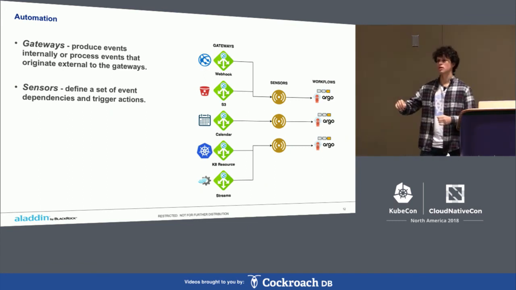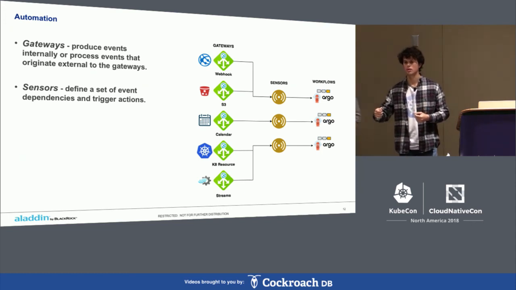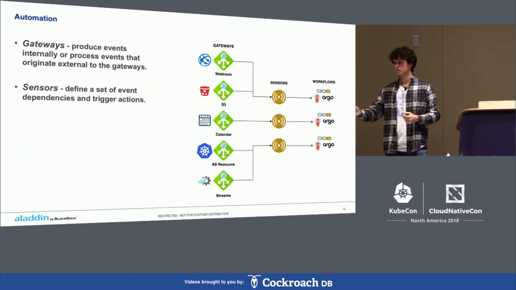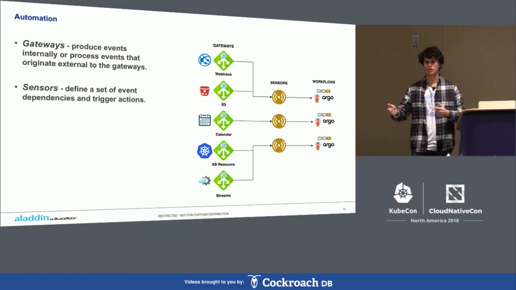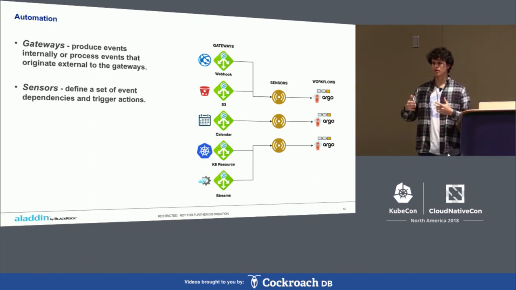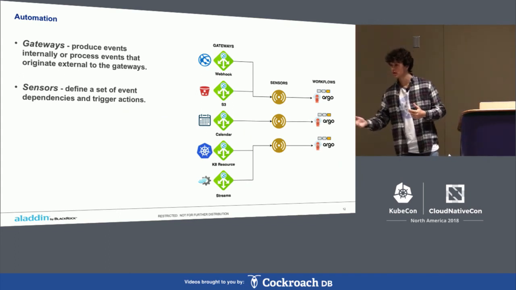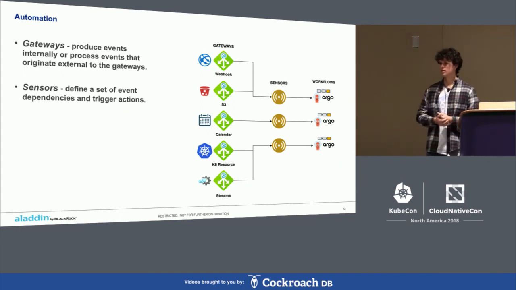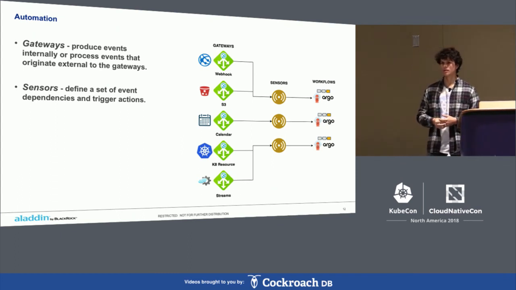To repeat the question: if we were going to build a custom gateway, say for Azure Blob Storage, which repo would you contribute to? It would be the Argo Events repo, which integrates the implementations of each of the event sources. You can implement an interface, open an issue, and we'll take a look at building it.